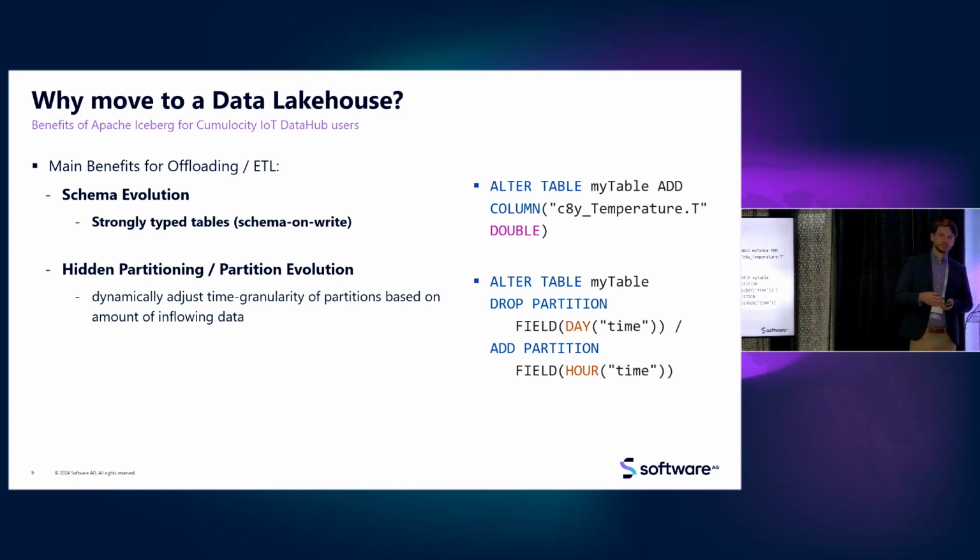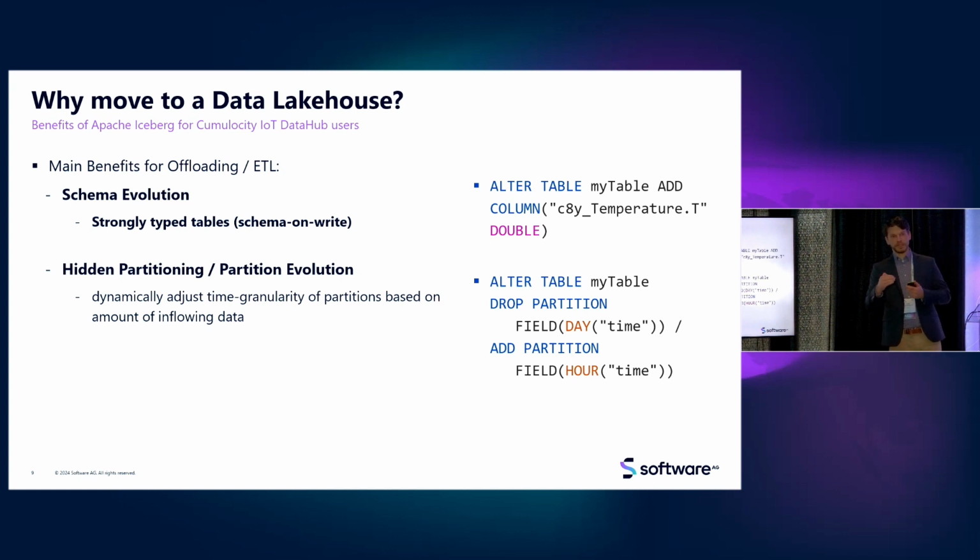But then there are other customers who offload tens of gigabytes per hour, and then it makes sense to have smaller partitions, because the partition size determines how much a query needs to read at minimum. So if you have too large partitions, you need to overscan all the time.